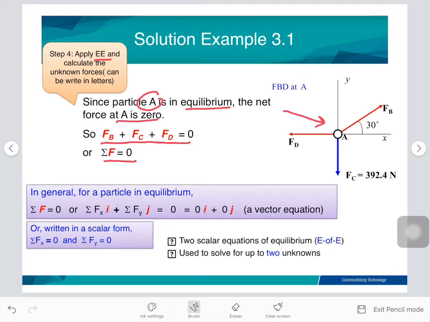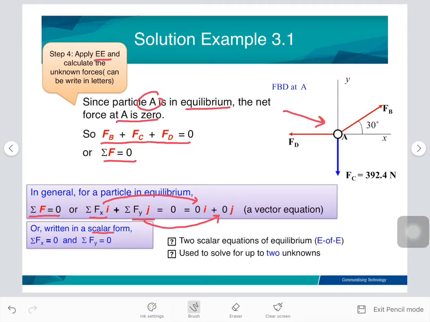If in vector, we have components in X and in Y. So all components in X is equal to 0 and all components in Y is equal to 0.